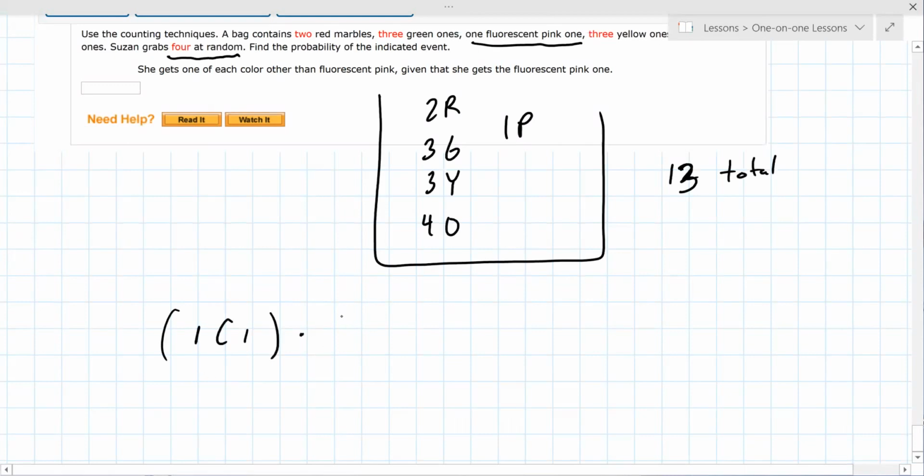And then out of the others that she's choosing, there's 13 total, so 12. She's choosing 3 of them.